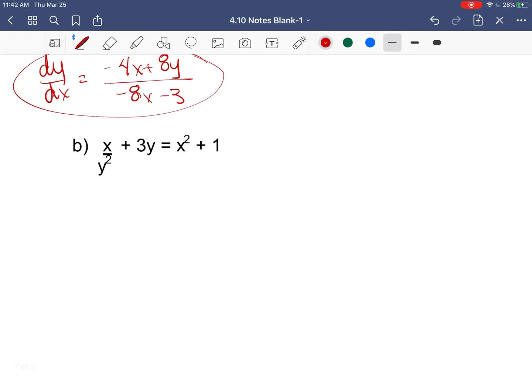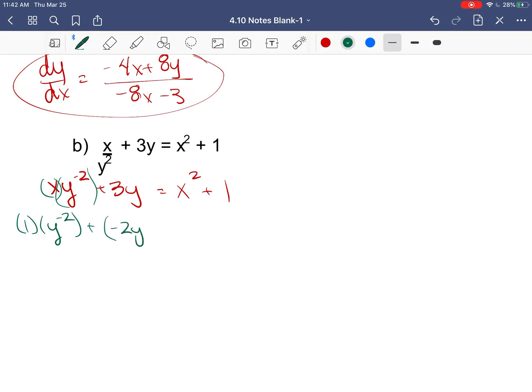And let's do B. So first of all, you want to ask yourself, do you like the look? Personally, I don't. I would switch it to be xy to the negative 2 plus 3y equals x squared plus 1. So now taking our derivative, we've got a product rule. So 1 times, so derivative of the first times the second plus derivative of the second times the first plus 3 dy/dx equals 2x plus 0.